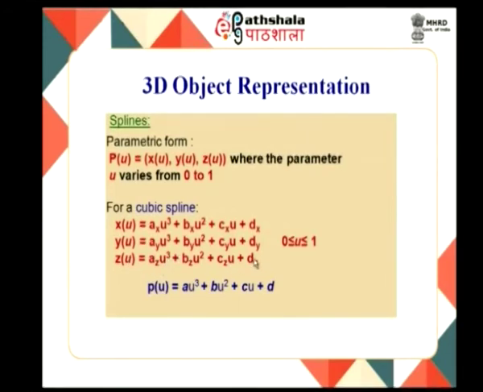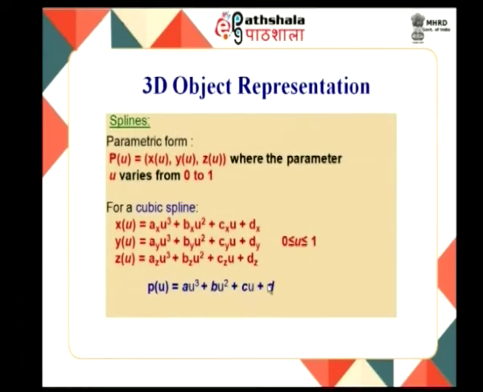The parametric form for z is represented with az u cube plus bz u squared plus cz u plus dz. And now a curve p of u is a function of the vector u cube, where a is the vector whose components are ax, ay, az, and b is the vector whose components are bx, by, bz, and similarly c and d. So p of u equals a u cube plus b u squared plus c u plus d.